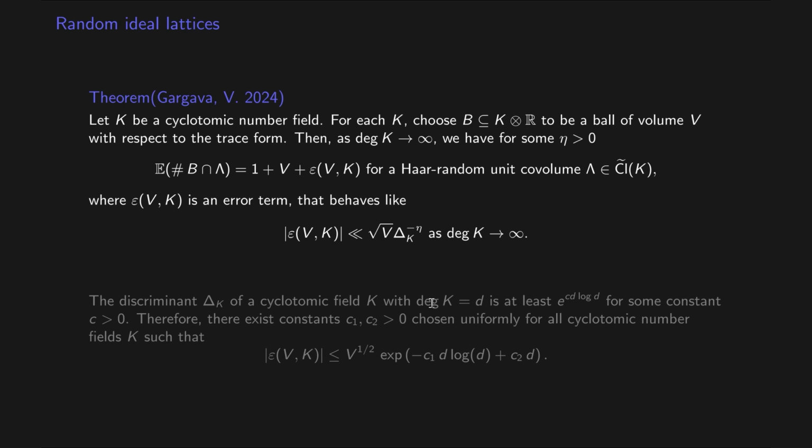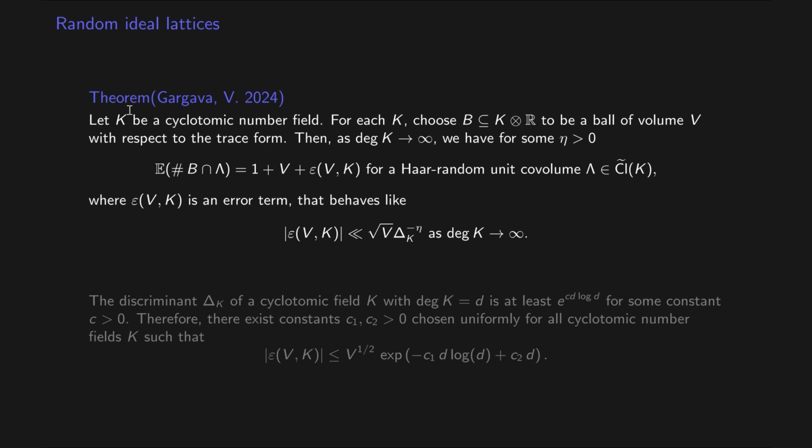However, asymptotically, the expected number of points will still be very close to what we get for lattices of higher rank. So here again, the theorem does not work for any field. It works for nice fields. In particular, it works for cyclotomic fields.